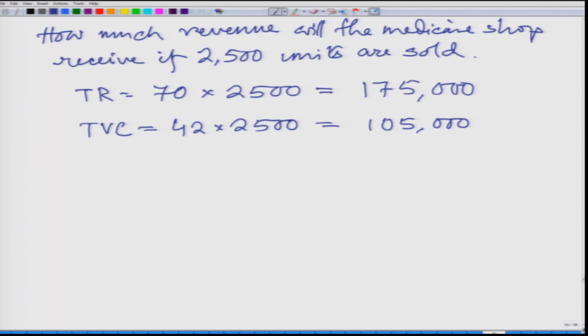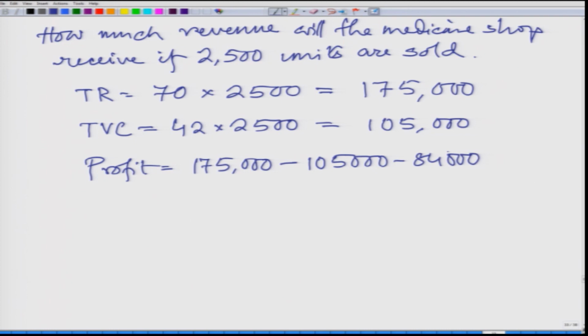And then my total profit will be total revenue minus total variable cost minus total fixed cost, which is 14,000.